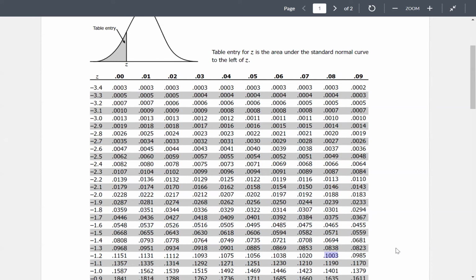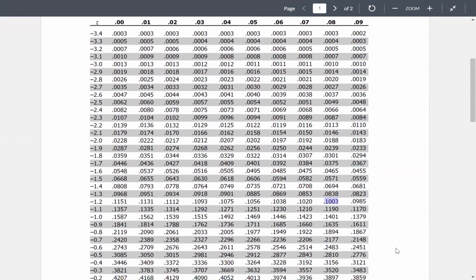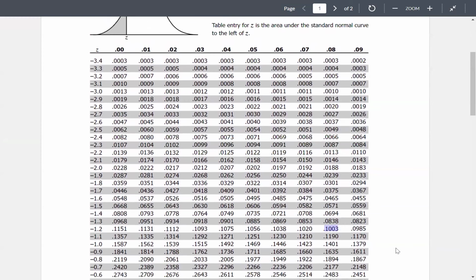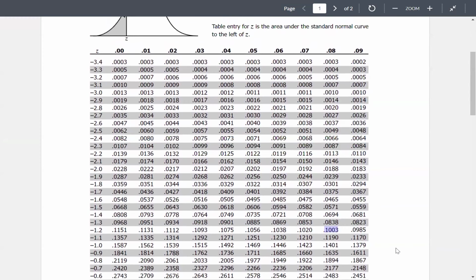Okay. Now we're going to look for 0.26 on this chart. That one. So I'm between 0.2611 or 0.2578. I feel like 0.2611 is going to be slightly closer.